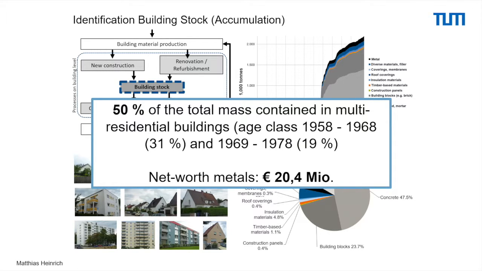So there's a huge potential for mining these materials, but there's also the challenge that we have to get rid of, for example, pollutants or hazardous substances which are still contained in the stock. So it's about getting the infrastructure ready to deal with these flows.